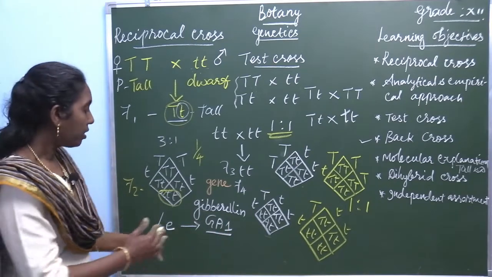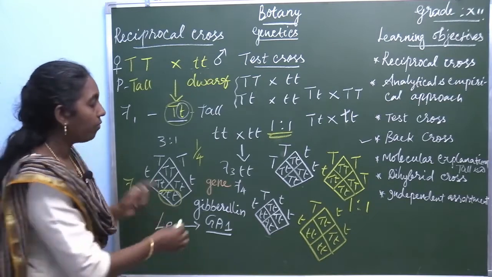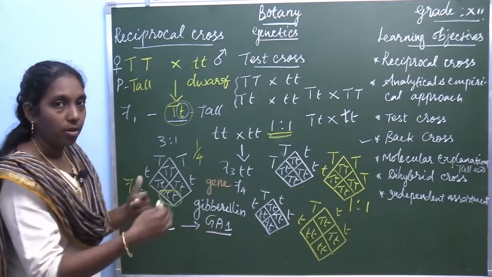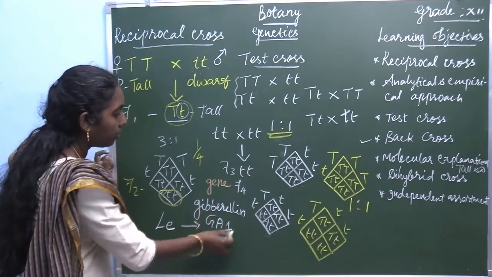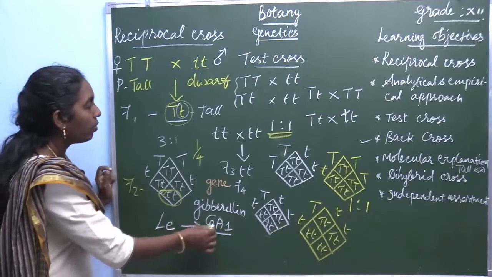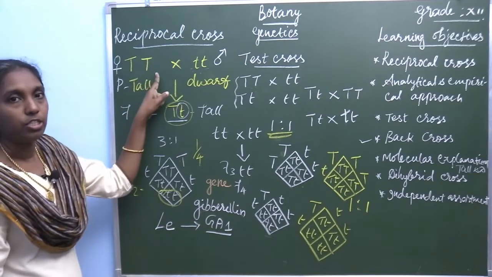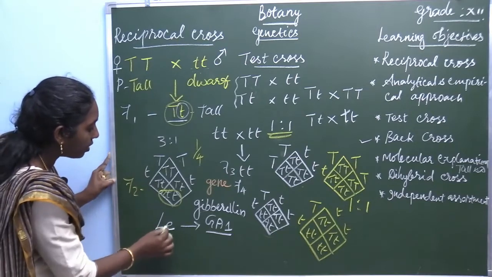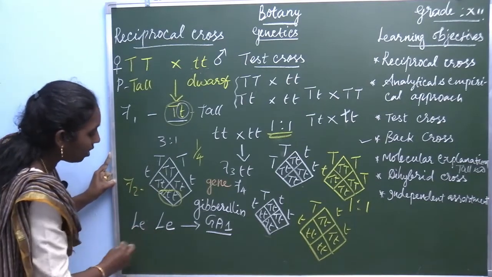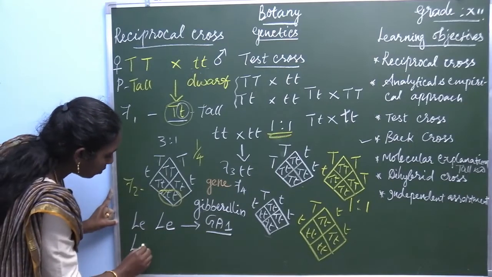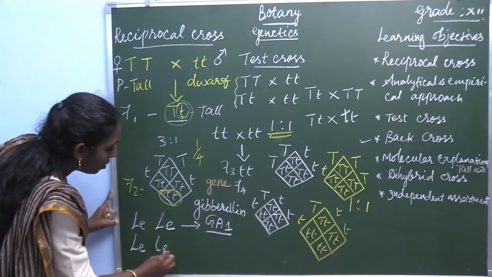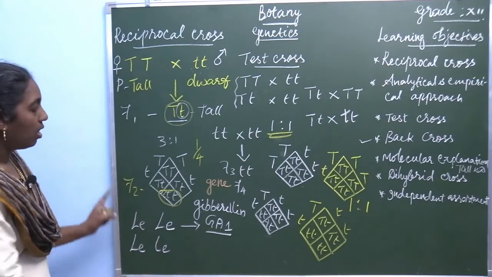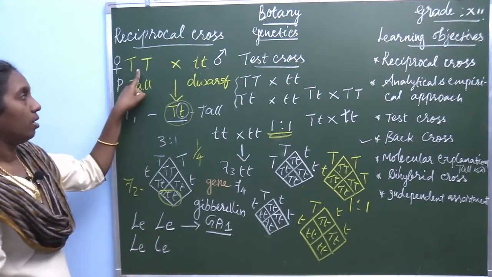So when it is activating this, the normal formation of gibberellin functions due to the activity of GA1, and it produces the tall character. The tall alleles are either capital L capital E, capital L small e, or small l capital E. All these alleles give tall.